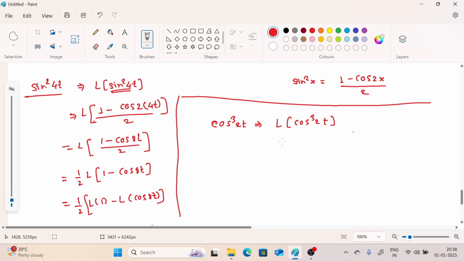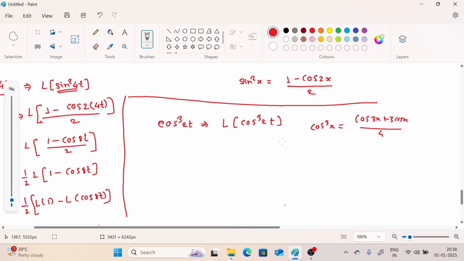In the same way, in 11th and 12th standard we learned that cos cube x is equal to (cos 3x plus 3 cos x) upon 4. This is the standard formula for cos cube x, and we are going to use the same here.